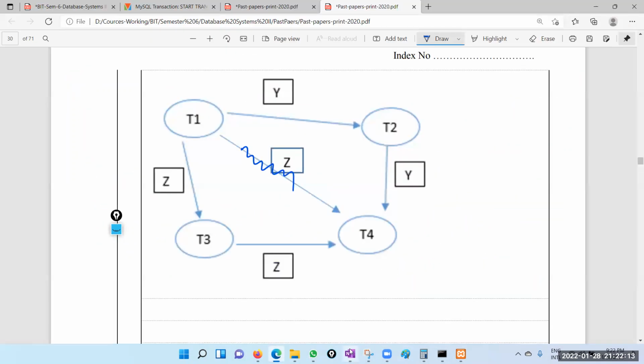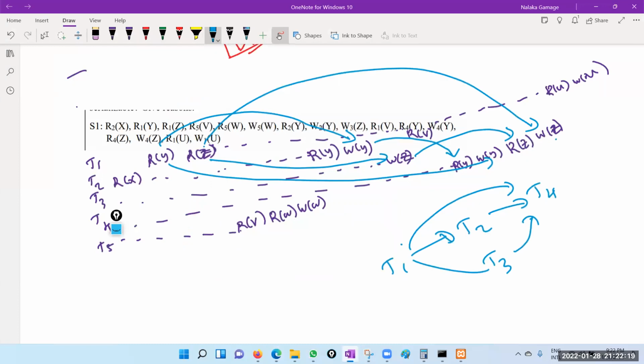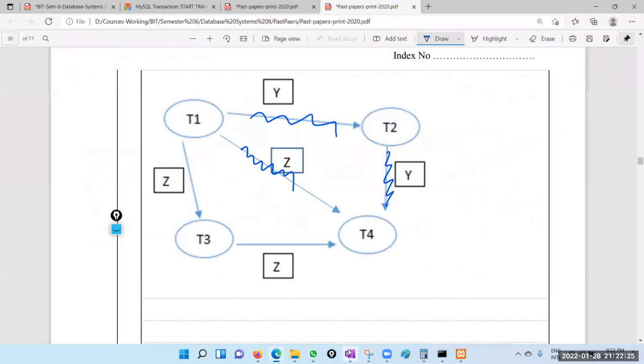T1, T2, T4: T1 ගෙන් T2 ට ගිහිල්ලා T4 ට එනවා. T1, T3, T4: T1 ගෙන් T3 ට ගිහිල්ලා T4 ට යනවා. Right. Correct. Now let's see which serial schedule this is equivalent to.